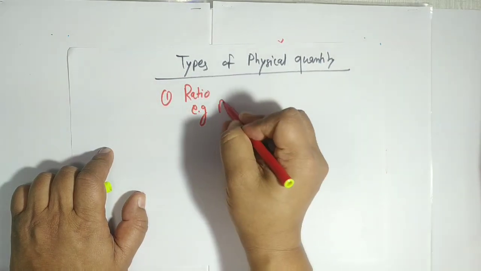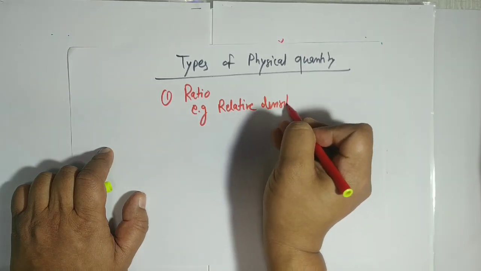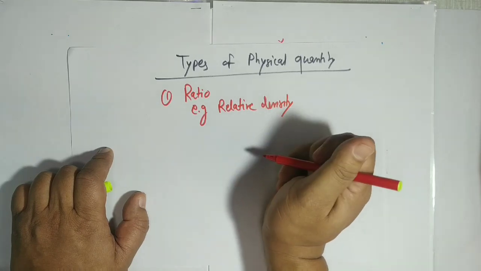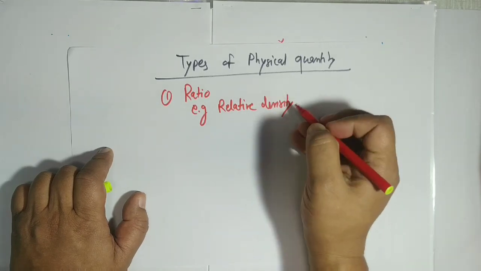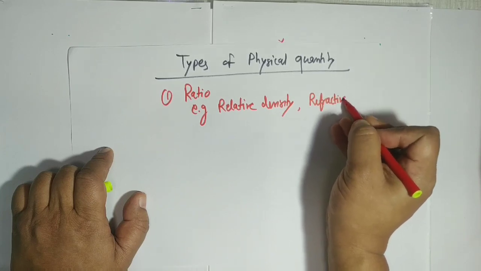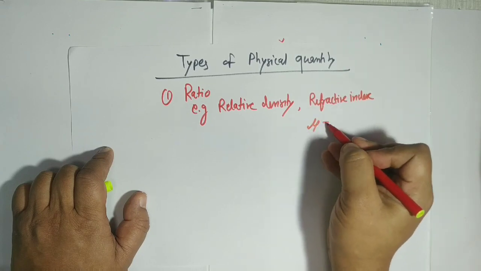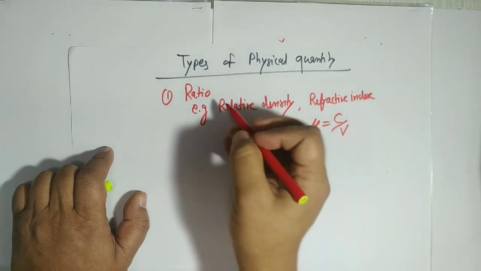Example is relative density. You have gone through it in class 9th: density of body upon density of water. Even you have gone through a quantity in class 10th, refractive index. Remember, mu equal to c by v. It is also a ratio.